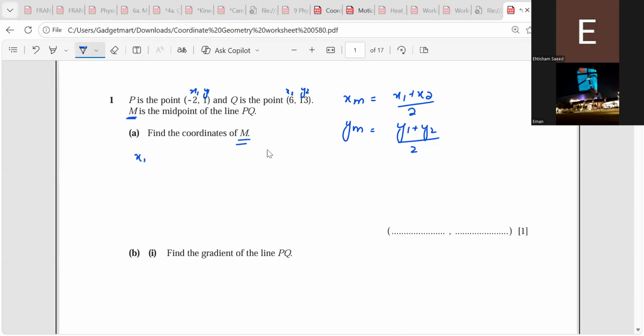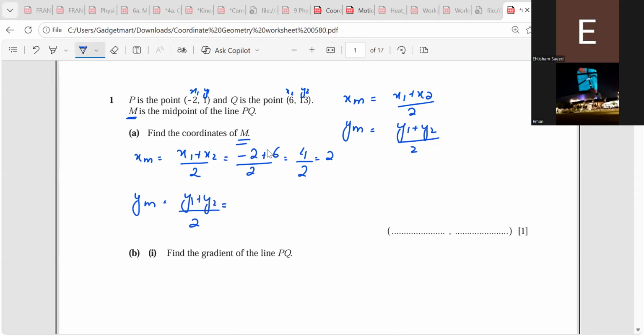So xm is equal to (x1 plus x2) divided by 2, and x1 is -2, x2 is 6, divided by 2. So the answer is going to be 4 over 2, that is 2. And ym is equal to (y1 plus y2) divided by 2.